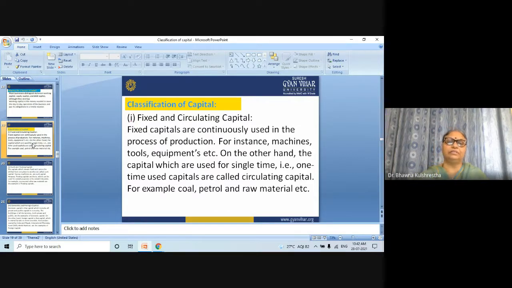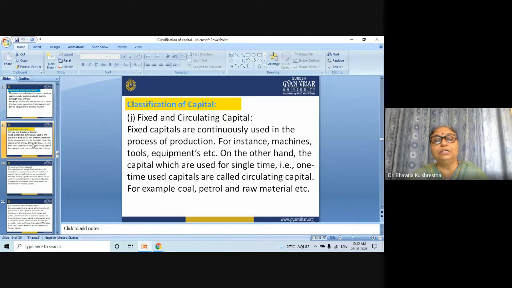Fixed capitals are continuously used in the process of production, for instance, machines, tools, equipment, etc.